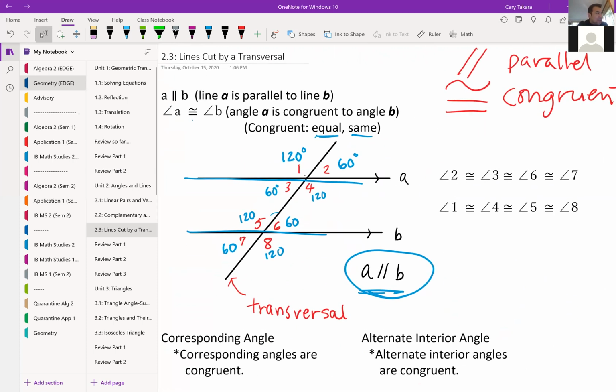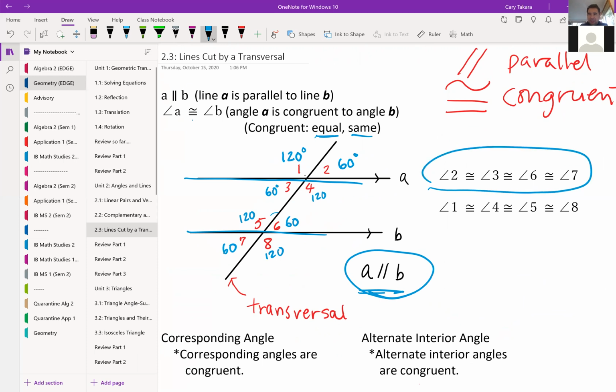So essentially, even though there are eight angle measurements, there are only 2 angle measurements, and all the others are the same. It's either 120 or 60 in this case. So that's what this means.